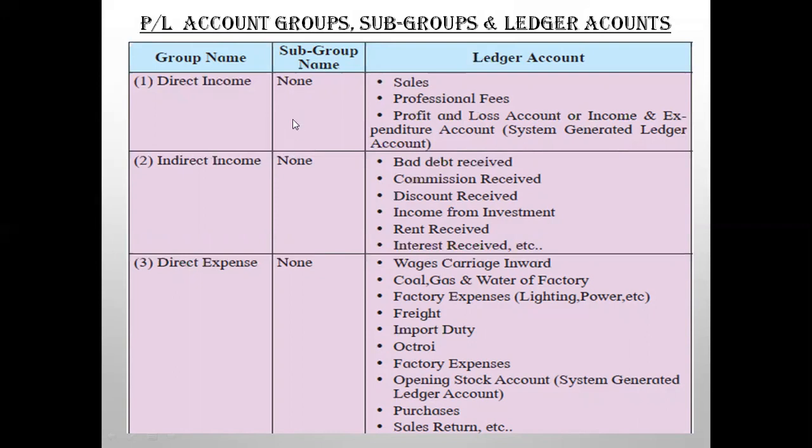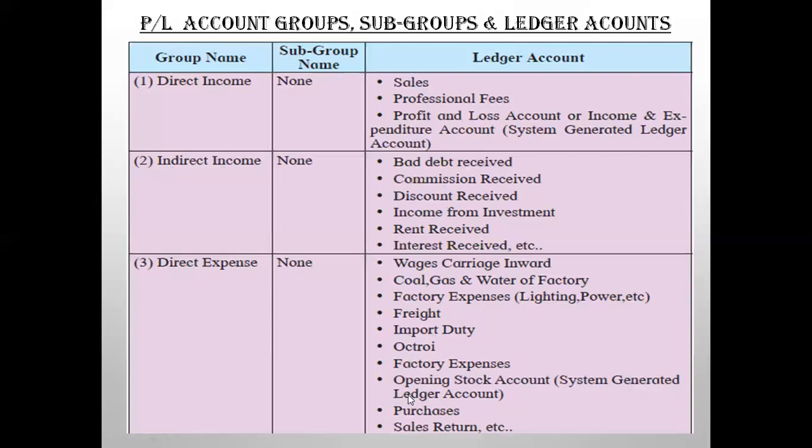There is no subgroup here. Bad debt received, commission received, interest received, discount received, rent received, all these receivables will come under the indirect income main group. And direct expenses are, as you know, normally wages, carriage inward, coal, gas and water of factory, factory expenses, lighting, power, fuel, import duty, octroi, factory expenses.